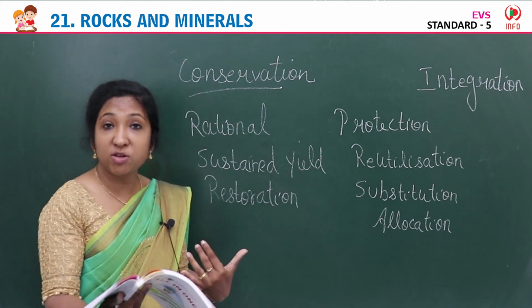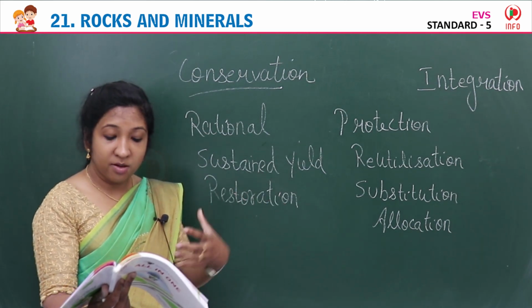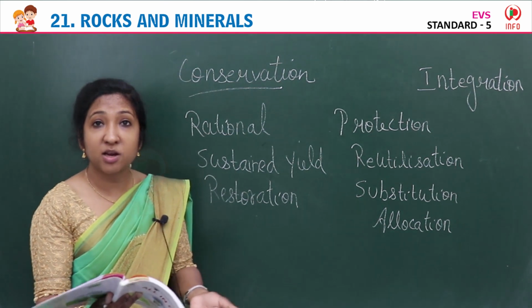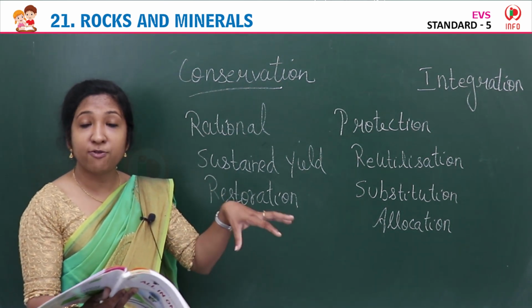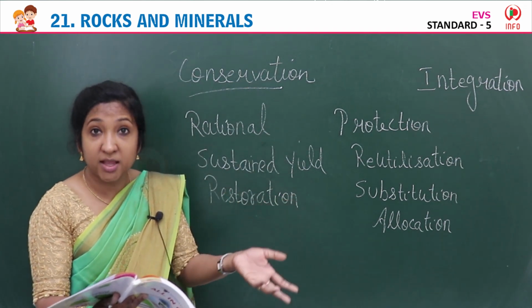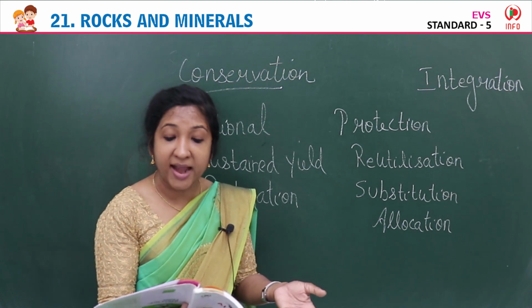Restoration means bringing back into the former position or condition. We have to improve the condition of the barren land, forested land, everything, we can vegetate them. Yes, some effort has to be taken for that.